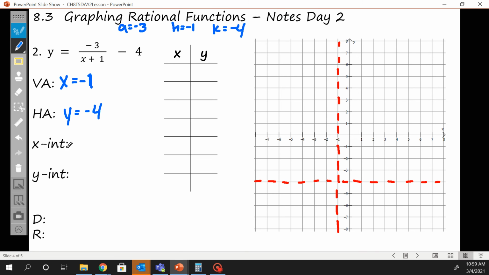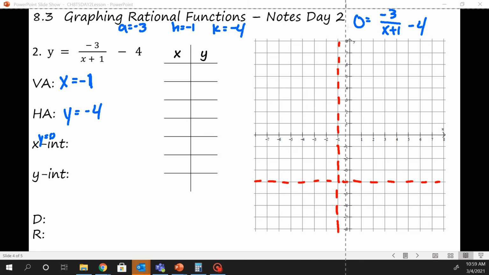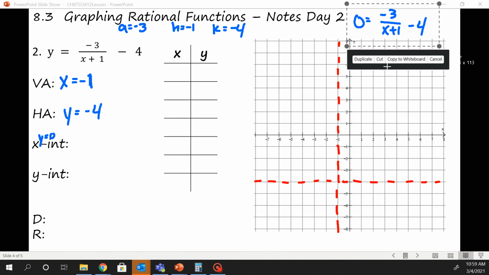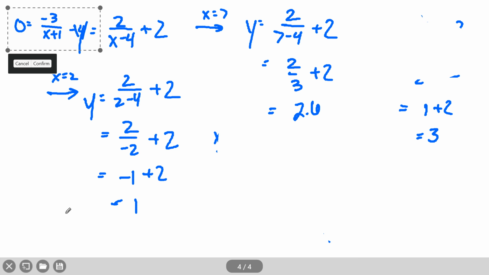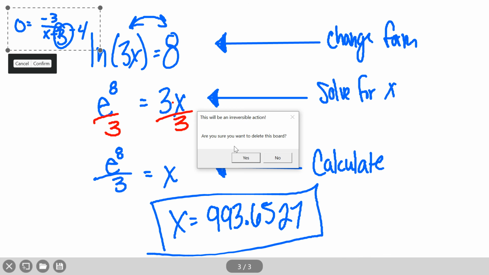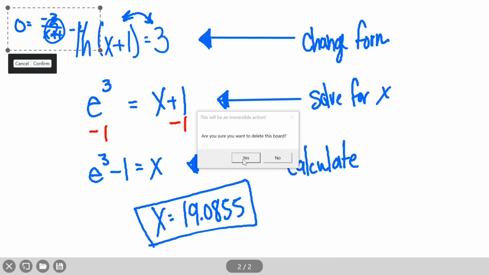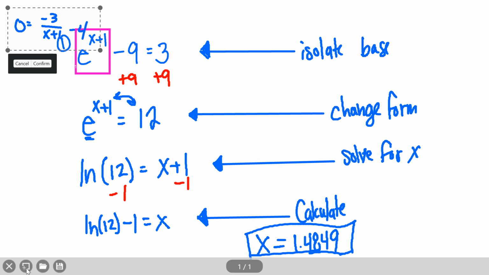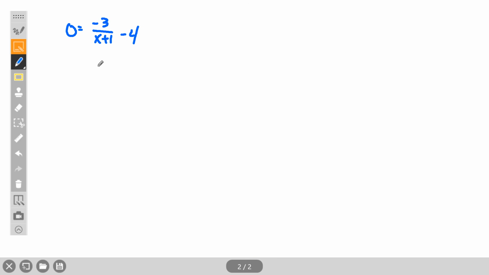The x-intercept, we would have to plug in y equals 0 to find this. So if we plug it in here, we get 0 is equal to negative 3 over x plus 1 minus 4. So we solve this, we add 4. So 4 is equal to negative 3 over x plus 1.